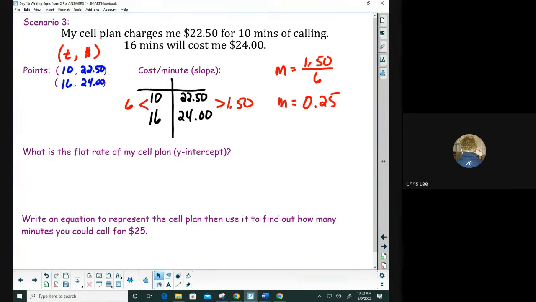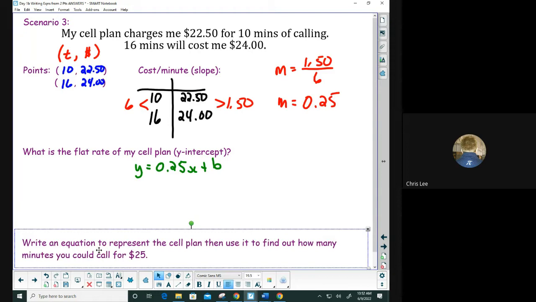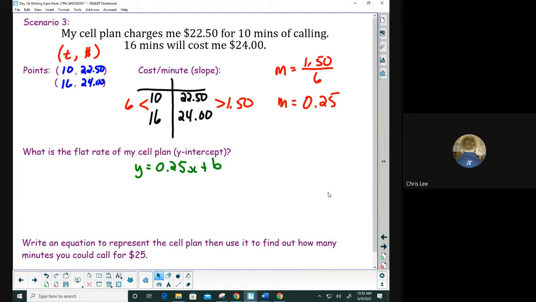Okay? So now we're going to do the equation just like we did before. We know y equals 0.25x plus b. I need to substitute a point. Which one might be easier in this one? Yeah, I think the 24 one would be easier as well. Let's sub that in. So this would be 24 equals 0.25 times, what was it, 16 minutes.